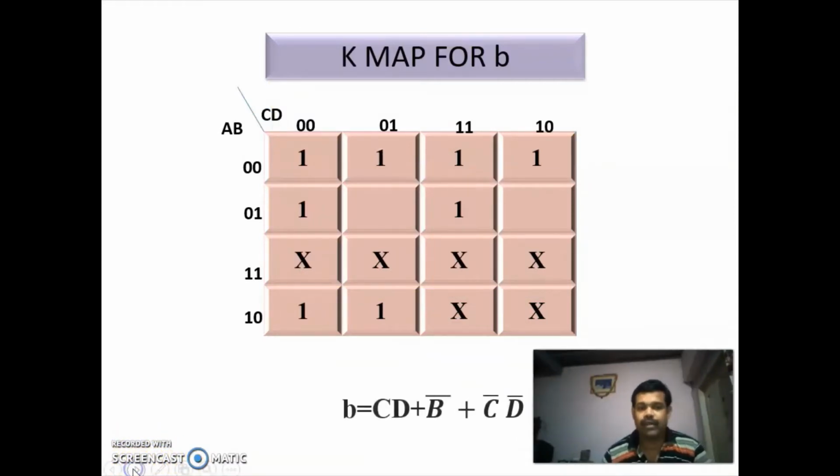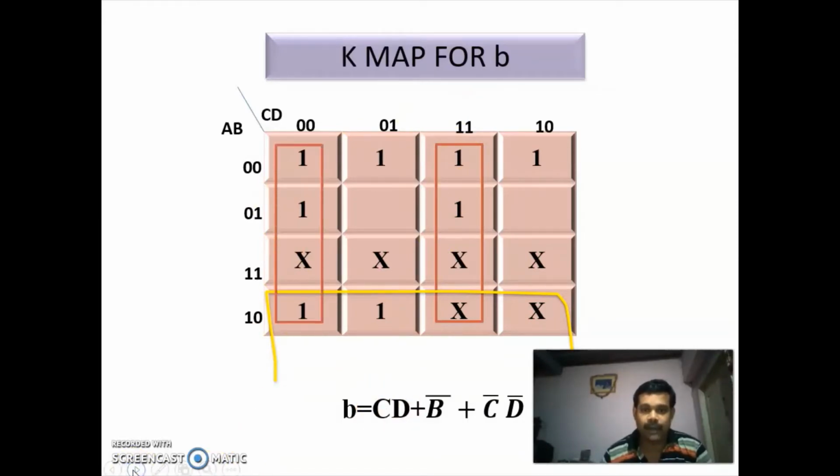So the expression for B is CD plus B bar plus CD. The expression for this one is CD. The expression for these 4 ones is C bar D bar and the expression for these 8 ones is B bar.